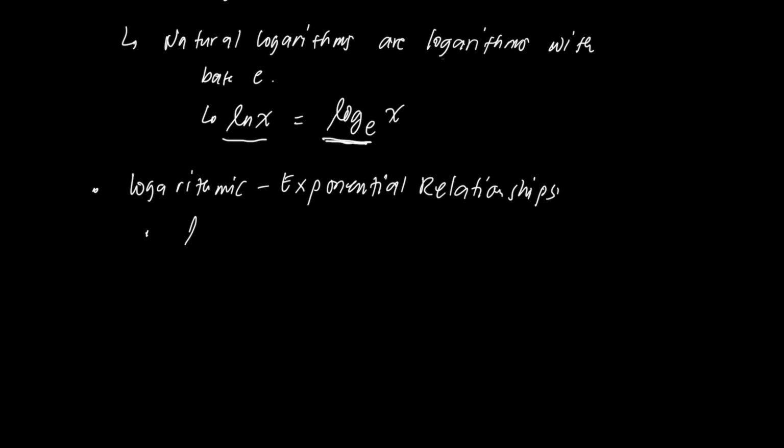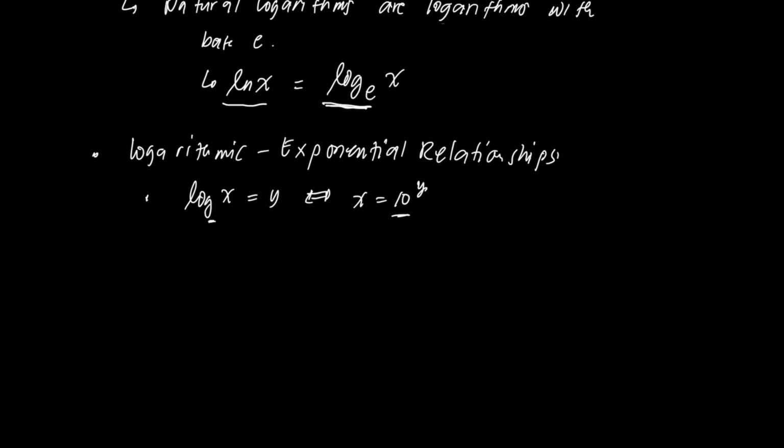So first, the log of x equals y is equivalent to x is equal to 10 to the y. Take note, when the base is not emphasized, that means that's a common logarithm and the base is 10. So here, 10 to the y.